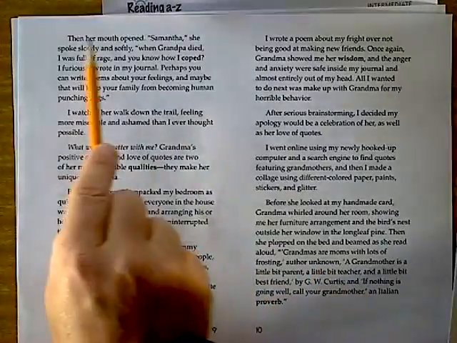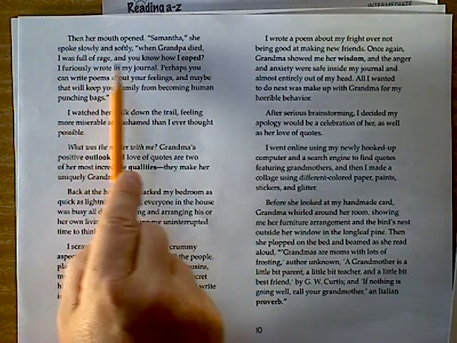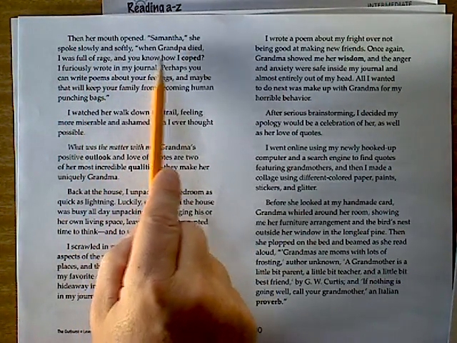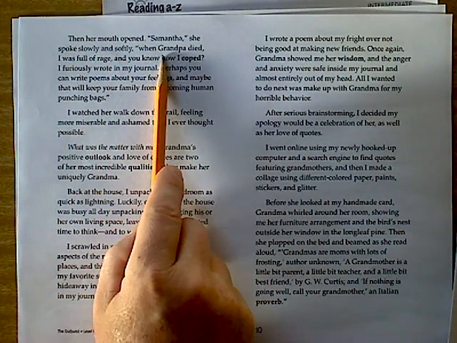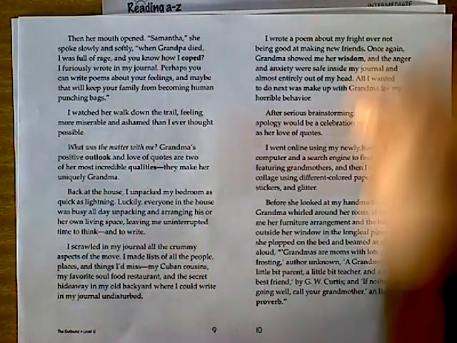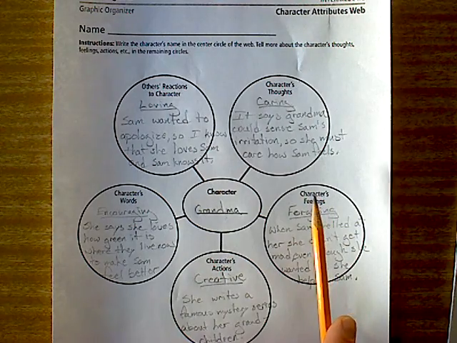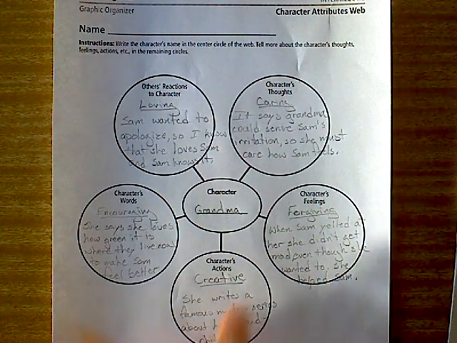Instead, then her mouth opened. "Samantha, when Grandpa died, I was full of rage." Look at that. Instead of talking about how Sam spoke to her, she just forgave her in her heart and started to help Sam, didn't she? So there I used the character's feelings to do it.